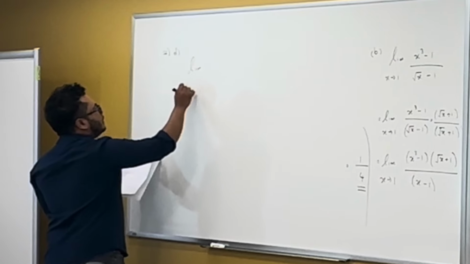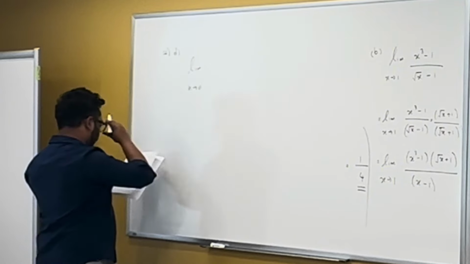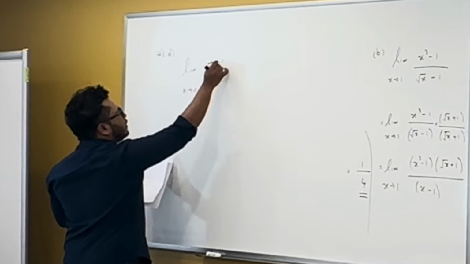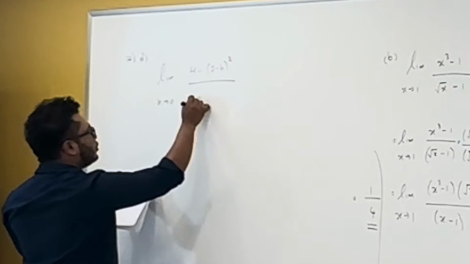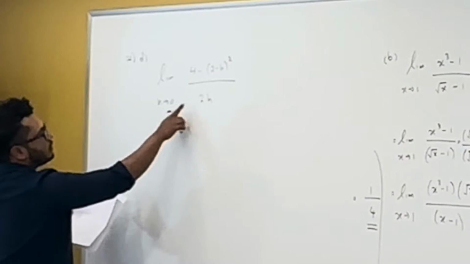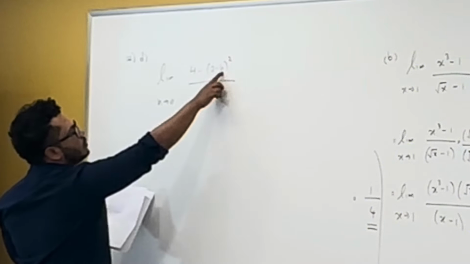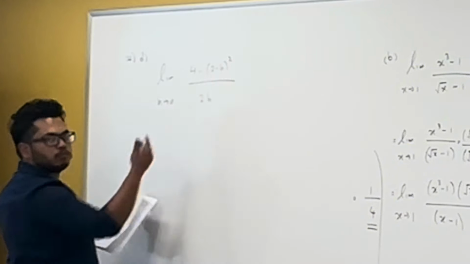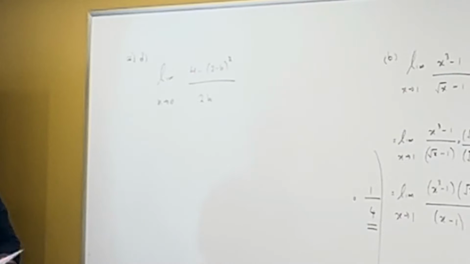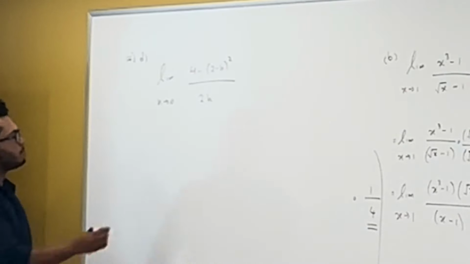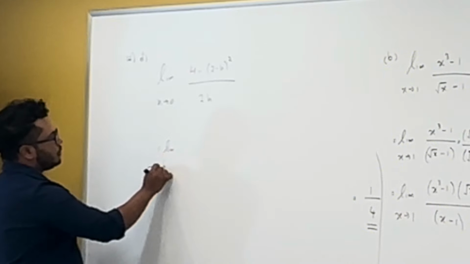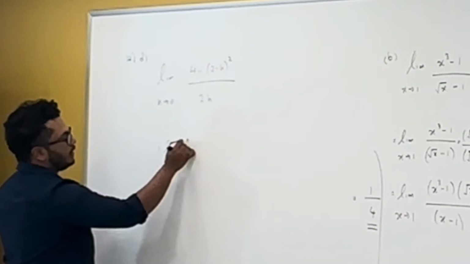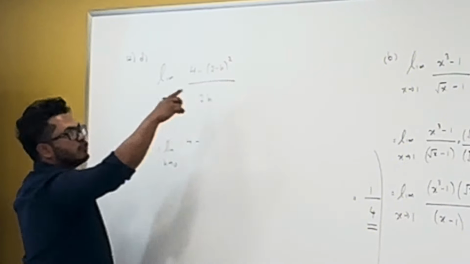Limit h goes to 0, 4 minus (2 minus h) to the power 2 over 2h. Again, if you plug 0 for h, 4 minus 4, 0, 0 over 0, again undefined. Okay, but I think this is easy because you just need to simplify (2 minus h) square.